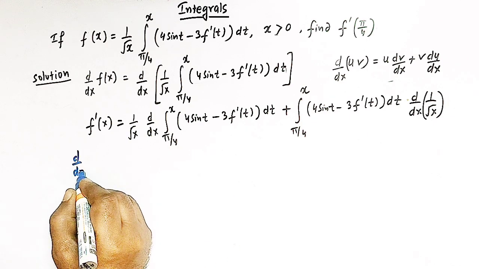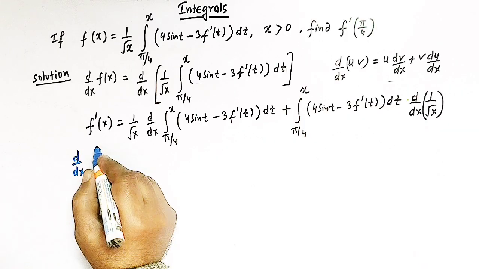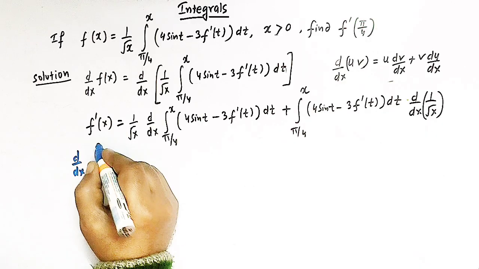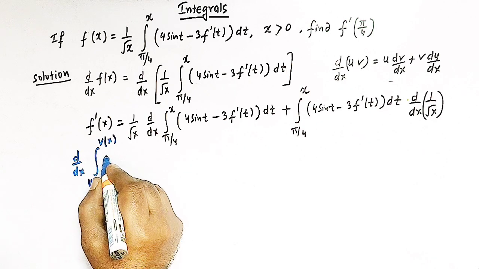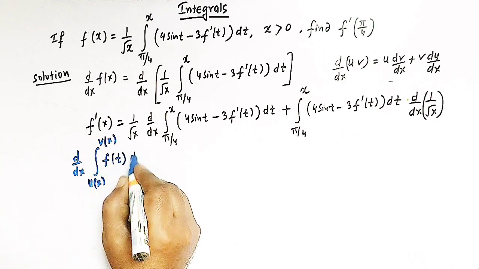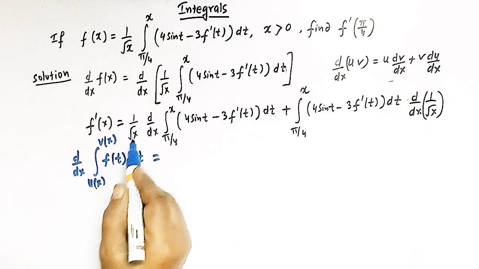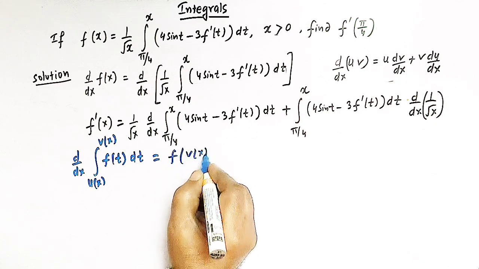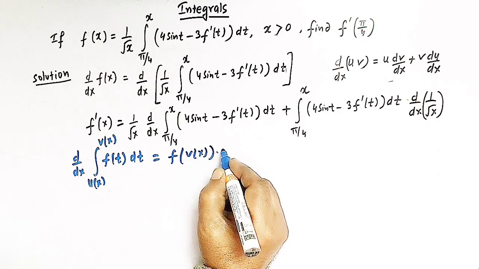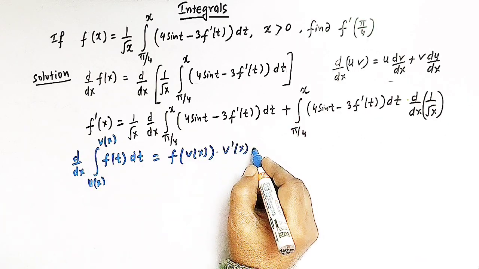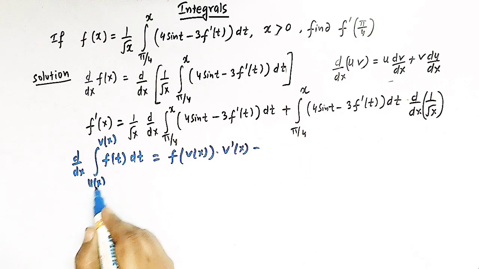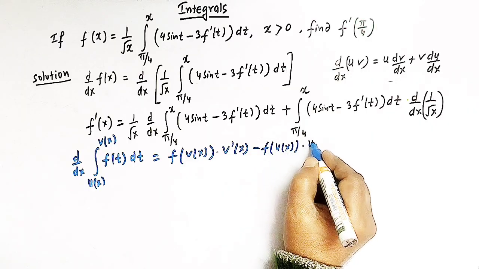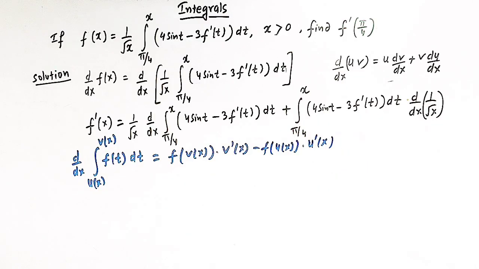The Leibniz integral rule says that for an integral whose limits are functions of x, suppose the lower limit is u(x) and the upper limit is v(x), and we have a function f(t) dt, then the derivative of this integral with respect to x is given by f(v(x)) times v'(x), minus f(u(x)) times u'(x), where we replace t by u(x).